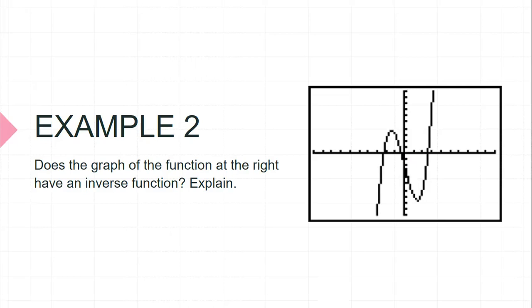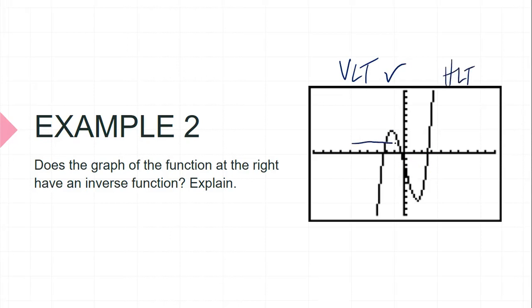Yeah. All right, so example 2, does the graph of the function at the right have an inverse function? Explain yes or no. So we check to see, does it pass the vertical line test? And the answer is yes. Does it pass the horizontal line test?